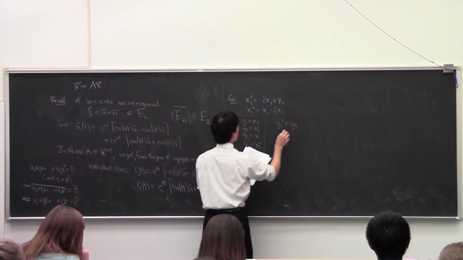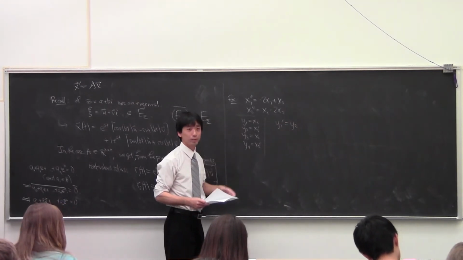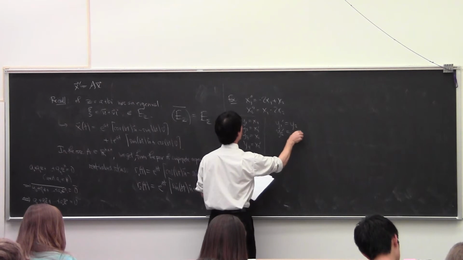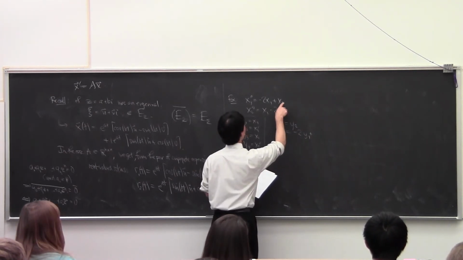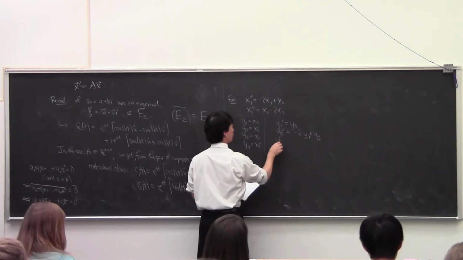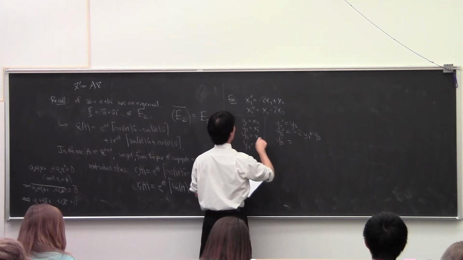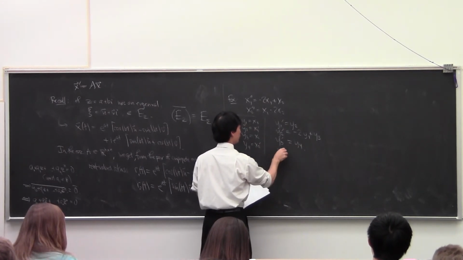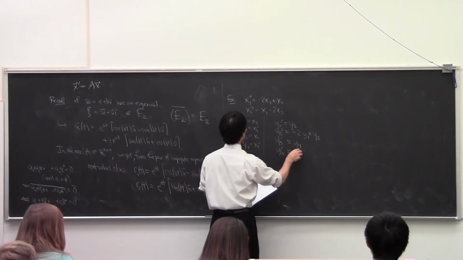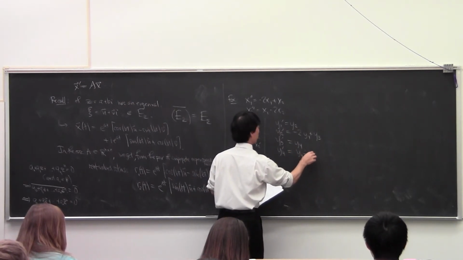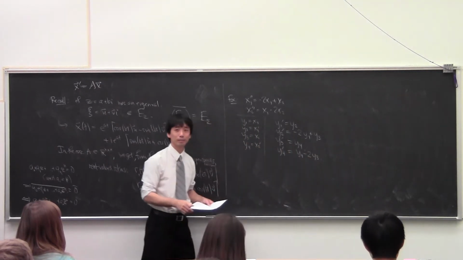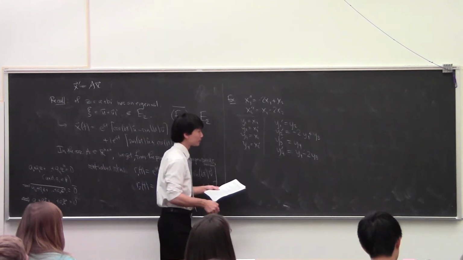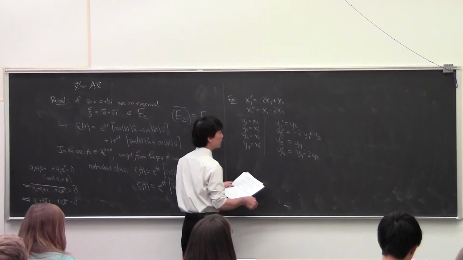Y1 prime equals y2, right? Y2 prime, that's x1 double prime, so that's minus 2 y1 plus x2, that's y3. Y3 prime is just x2 prime, that's y4, and y4 prime is x2 double prime, that's x1 minus 2 x2. Sorry. So that's the easy part.